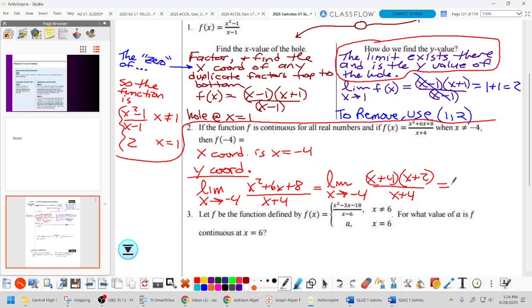Can I plug in? Yeah. So we can just write -4 plus 2, because those two factors cancel. Okay, and we get -2. So f of -4 is -2.